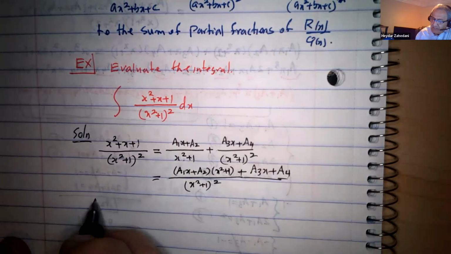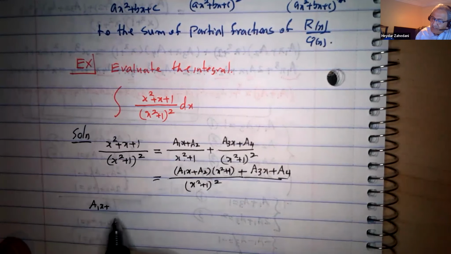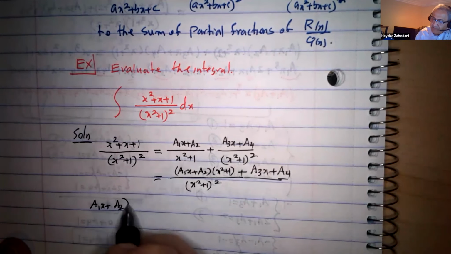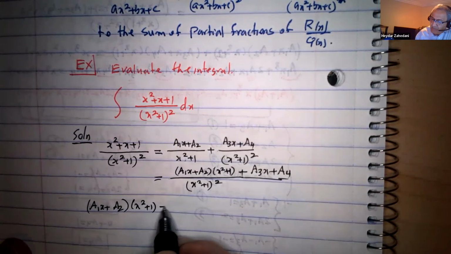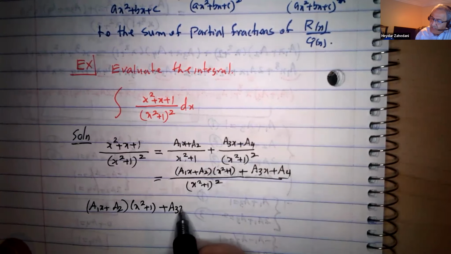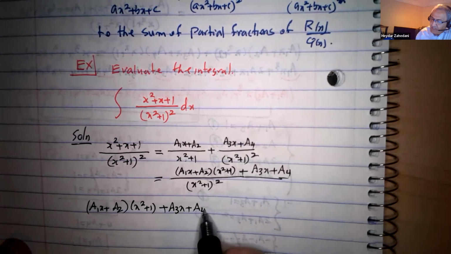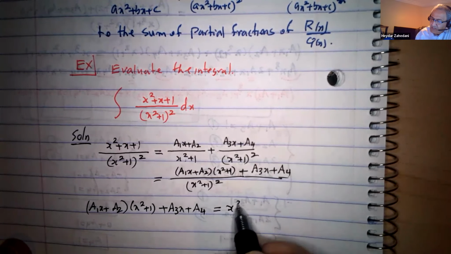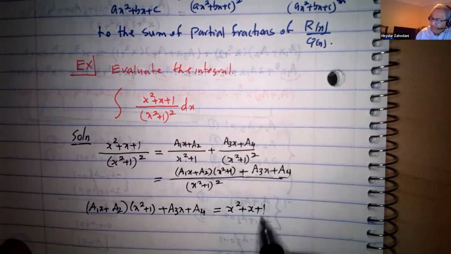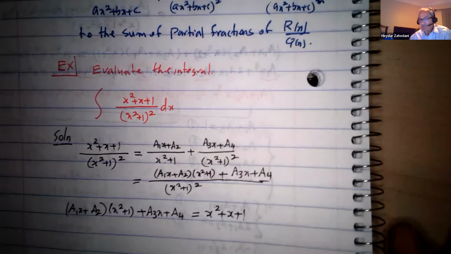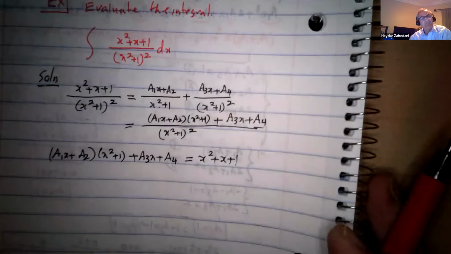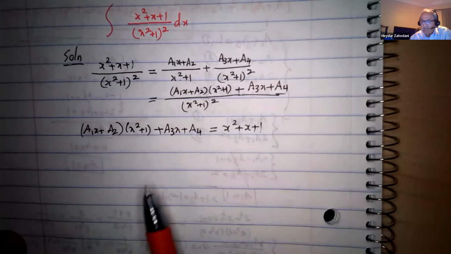So there you are. The (a1x plus a2) times (x squared plus 1) plus (a3x plus a4). This must be equal to x squared plus x plus 1. Again, you don't have any numbers to substitute. You can substitute if you like. You need 4 numbers because we have 4 unknowns.